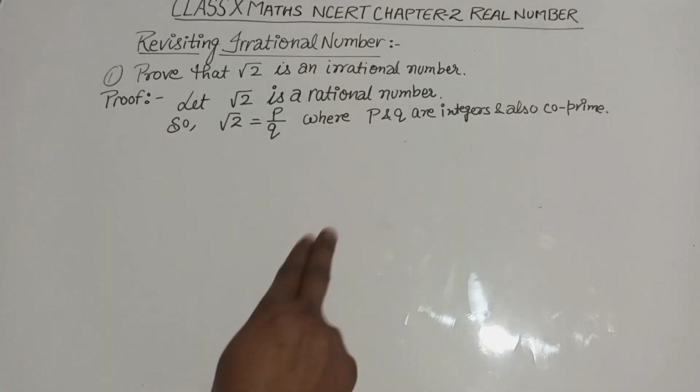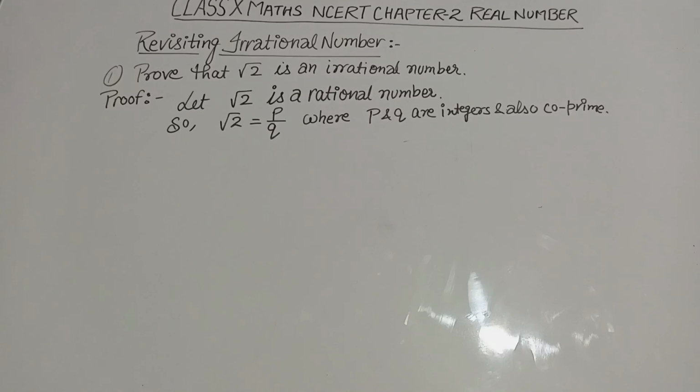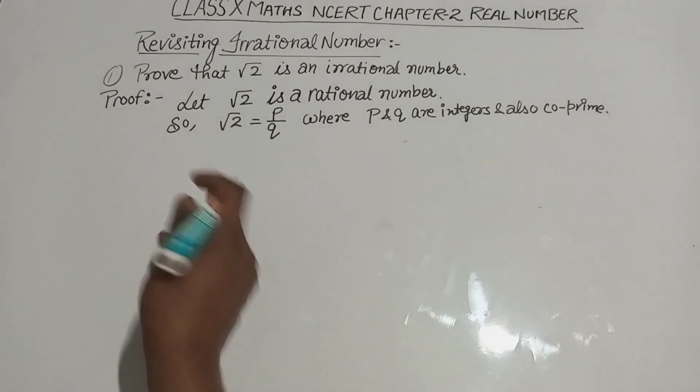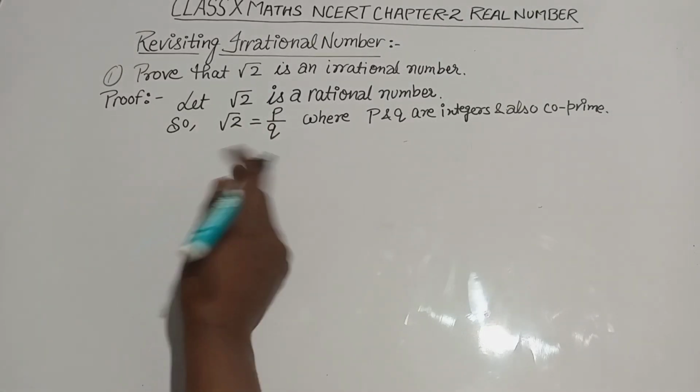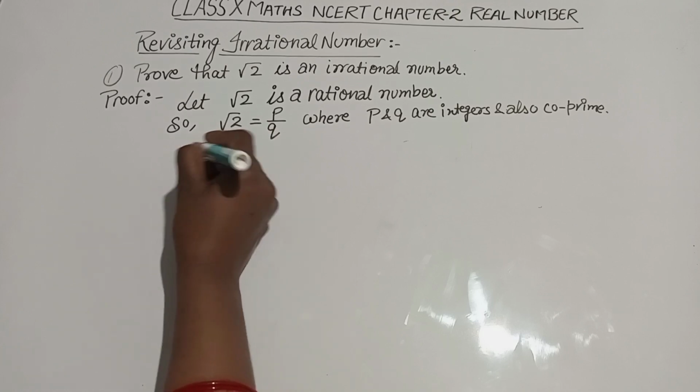If p and q are not co-prime, it means it is not a rational number. And if it is not a rational number, it means it is an irrational number. Okay, now what can we write here.